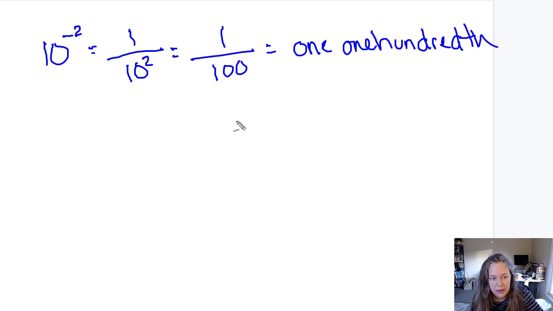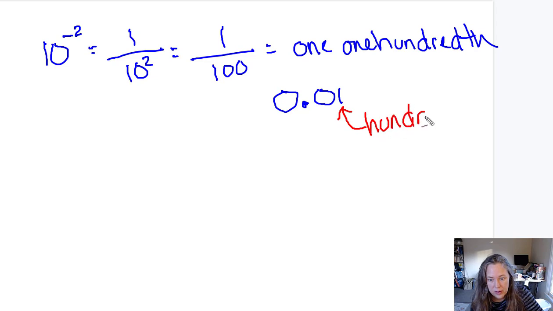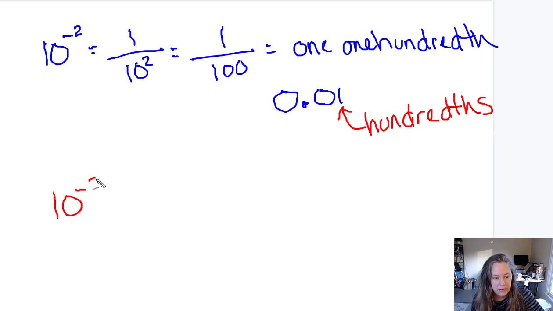As a decimal, 1/100th is 0.01, because the 1 is in the hundredths place. So another way to say 10 to the negative 2 is 0.01.